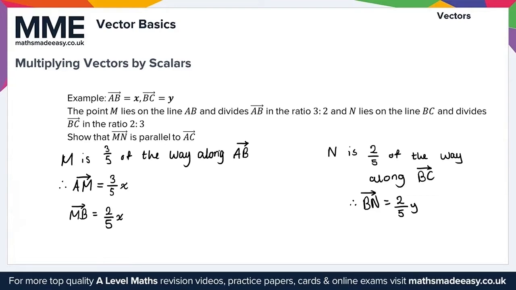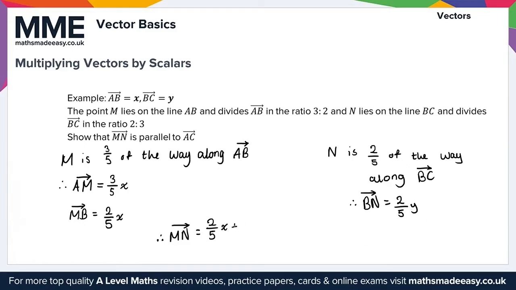Well, in that case, the vector MN here will simply be 2/5 of x, so it's going to be MB, so 2/5 of x, plus 2/5 of y.